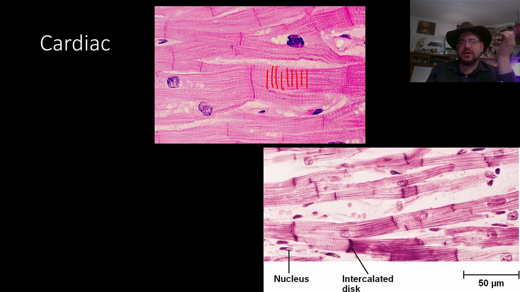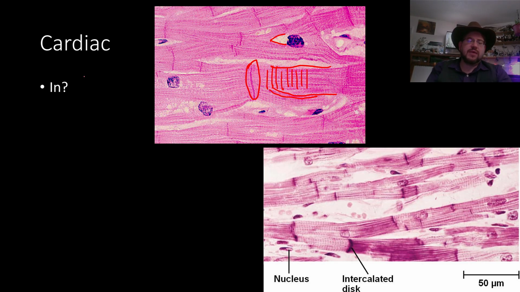So it's kind of hard to tell the difference between cardiac muscle and skeletal muscle because they're both striated, but the big thing going on here is, one, cardiac muscle has these branchings, so it's going to be branched. And the other big thing here is the fact that around these bundles we can see these plates.